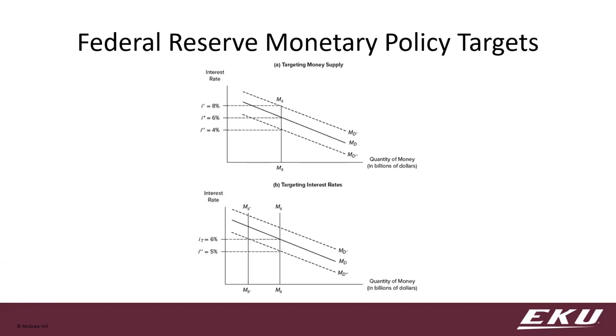If you look at the top graph here, targeting money supply, you see the demand for money. The demand for money goes from the upper left to the lower right.